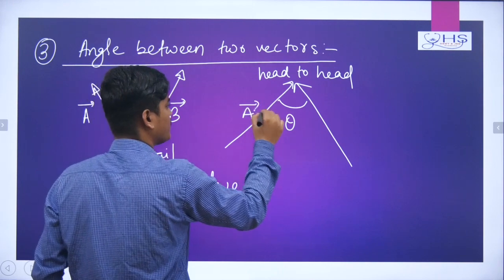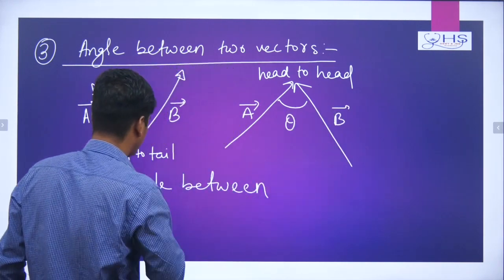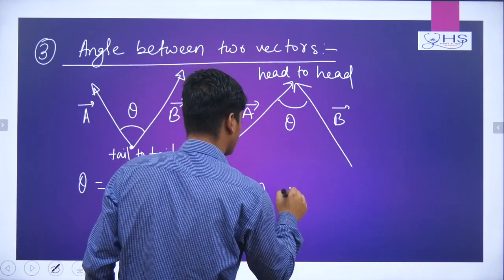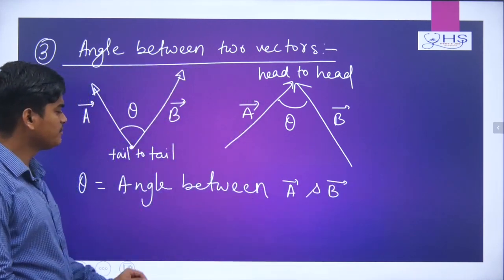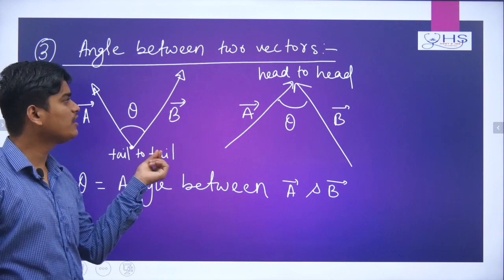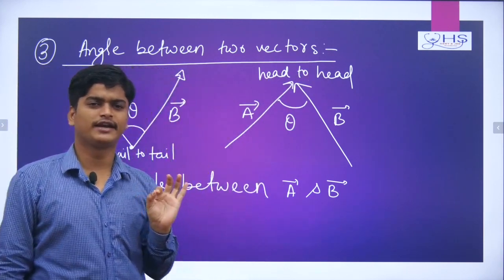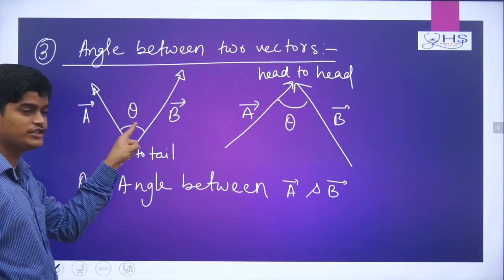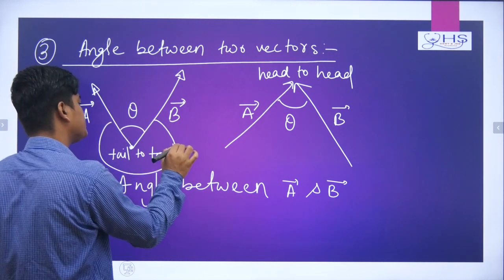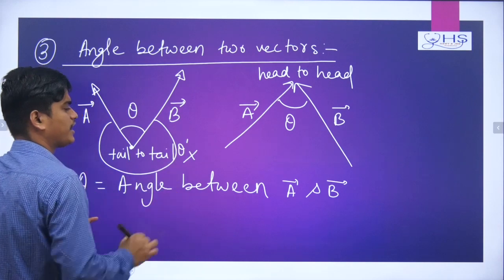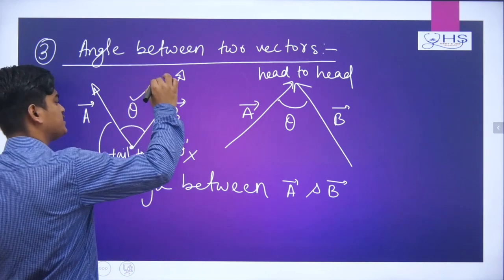So always remember, whenever the joining is tail to tail or head to head, only then can you take the smallest angle between them, because there is another angle too, theta prime. You need not take this angle. Only take this theta.